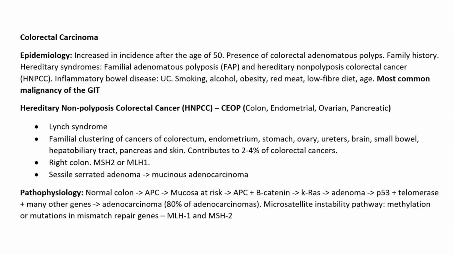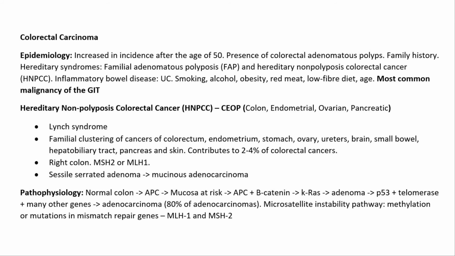The thing you should also know about for colorectal cancer is age is important. Polyps are important, family history is important, but these hereditary syndromes are also very important. So presence of FAP, or another one called hereditary non-polyposis colorectal cancer, HNPCC, that's also known as Lynch syndrome.